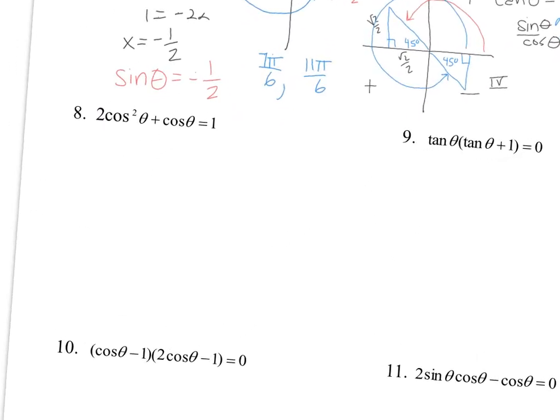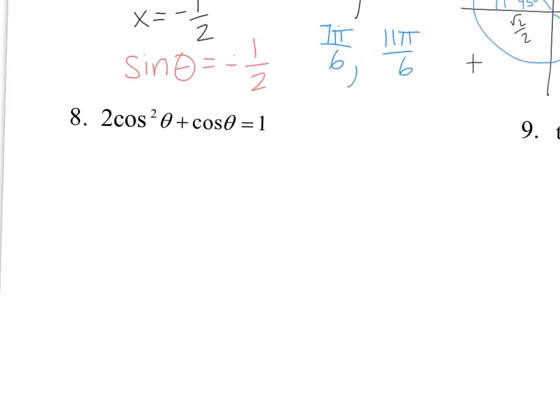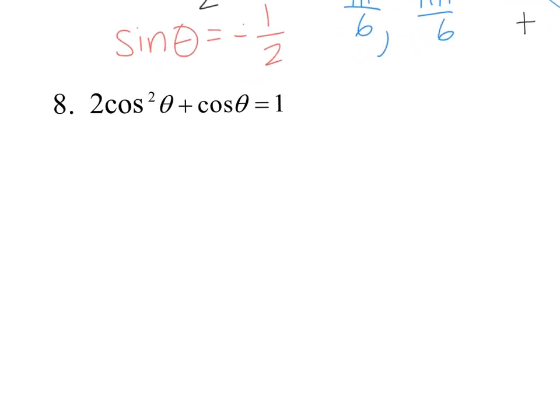Okay, I'll see if I can do a couple more here. So number 8, I have a couple cosines, so I'm going to write this in terms of x. So I have 2x squared plus x equals 1. You should recognize this as a quadratic. So I'm going to get one side equal to 0, and I'm going to factor this.